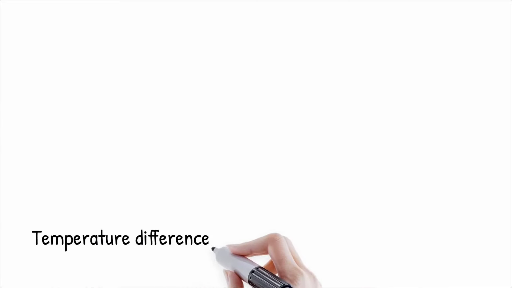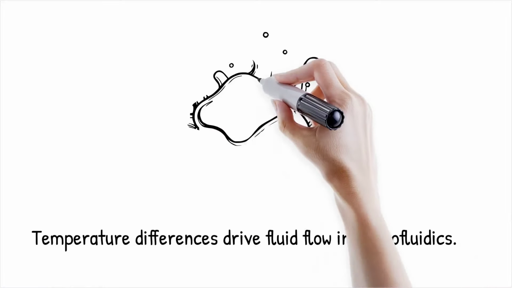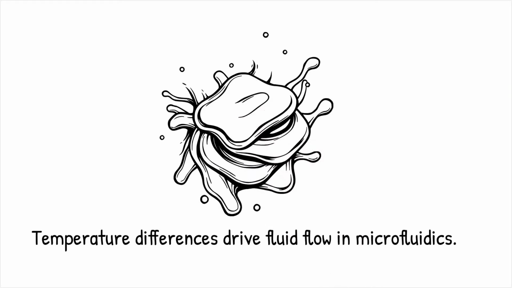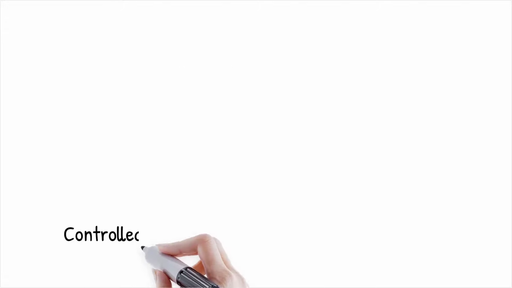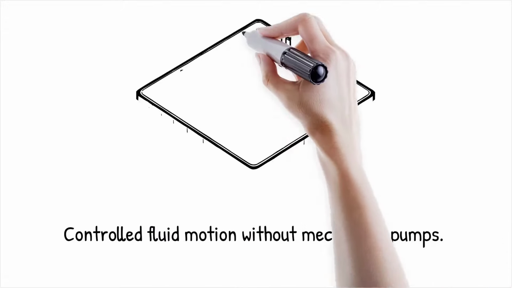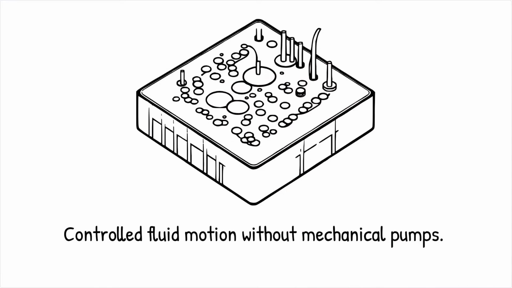Temperature variations create localized changes in fluid density and surface tension, driving flow through thermocapillary and thermophoretic effects. These mechanisms allow controlled fluid motion and molecule transport without mechanical pumps, making them useful in heat-sensitive biochemical assays and DNA amplification techniques, such as polymerase chain reaction, PCR.